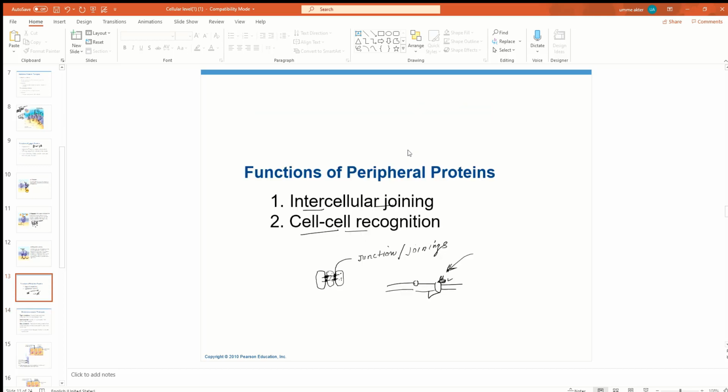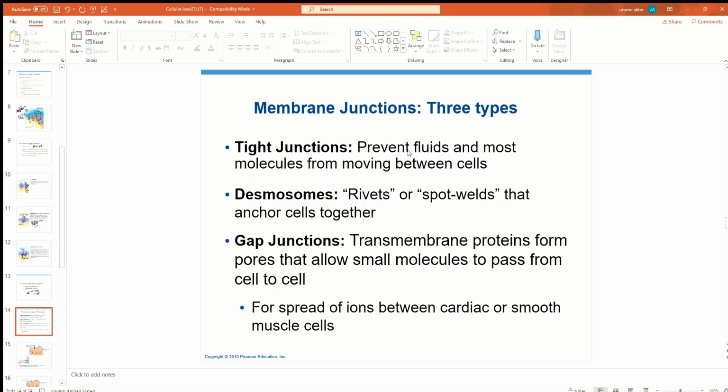Now, I said that some peripheral proteins form junctions or joinings. Three types of junctions are the most common: tight junctions, desmosomes, and gap junctions. These junctions mainly hold the cells together, so the cells will stay together. That is important.